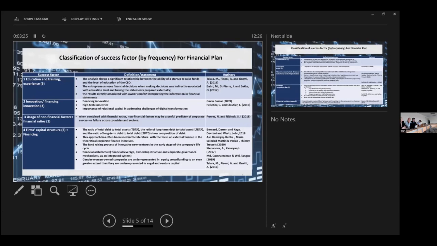And today we have heard about the classification of different types of risks and success factors for starting businesses from our colleagues, and I briefly show also my findings. And as you see here, there is a wide range of success factors, starting from, as previously mentioned by colleagues from Portugal, education and training experience.